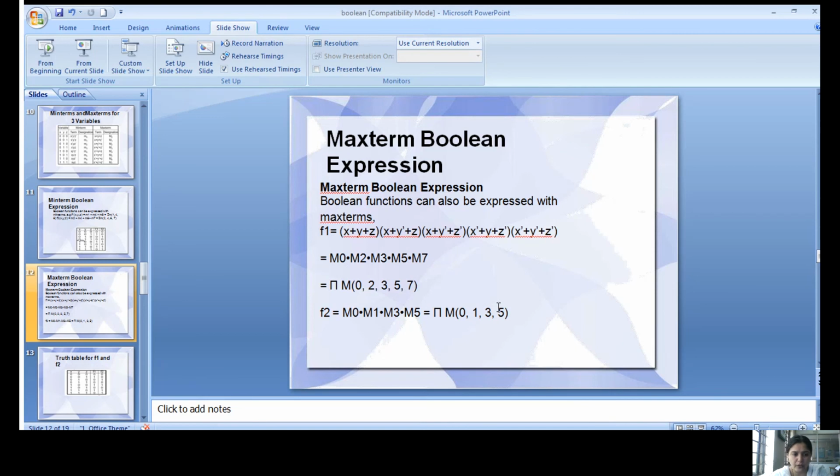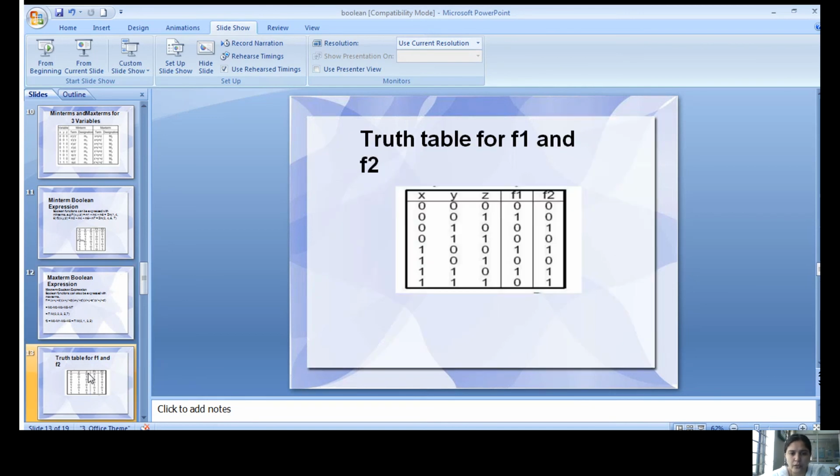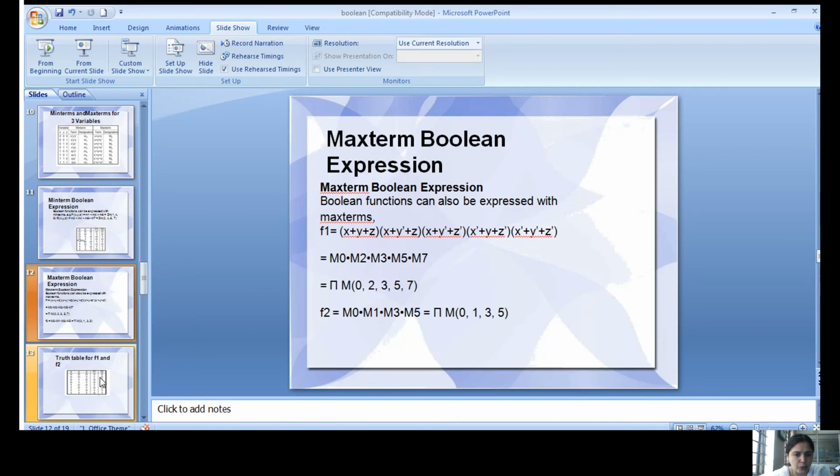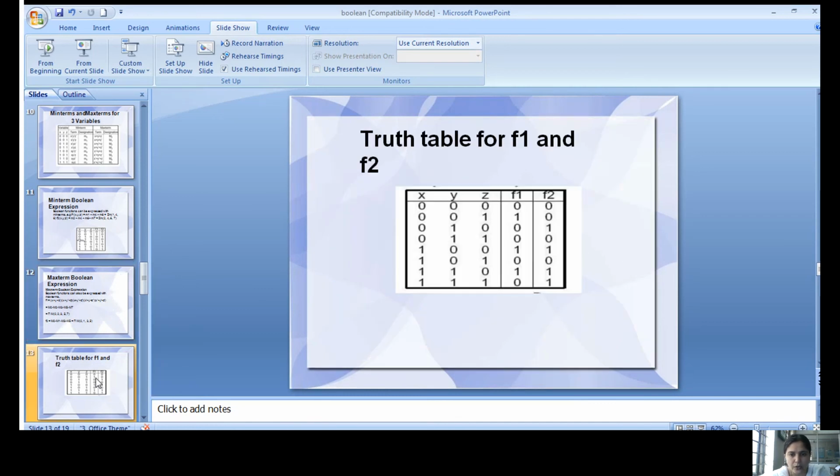So let us see how it will be written. Here you can see x, y, z. You will be having 2 raised to 3, that is 8 combinations. And for F1 they have given 0, 2, 3, 5, 7. As you all know, for min term, when the output is given we write 1.